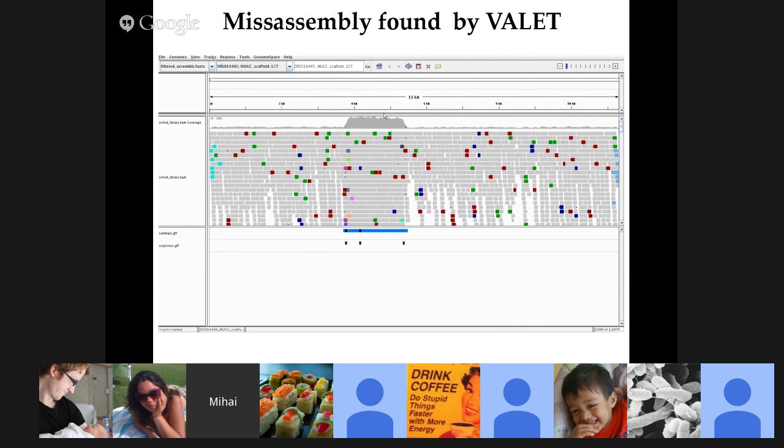You can see there's a region in the contig that has high depth of coverage, and these marks on the bottom tell you what our tool told us is wrong with the assembly. These are regions where our tool said I think there's something wrong in the assembly. So it's pretty clear that the tool correctly identifies some region that's unusual. That's possibly a mistake. If I'm looking at this, I can easily say there's a misassembly, and I should be careful when I analyze the data.